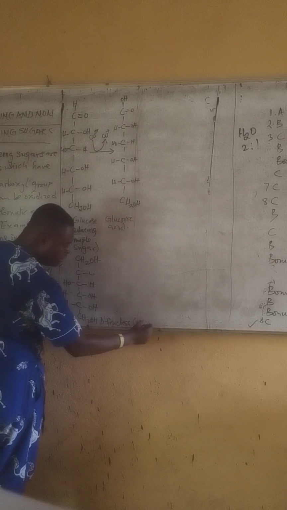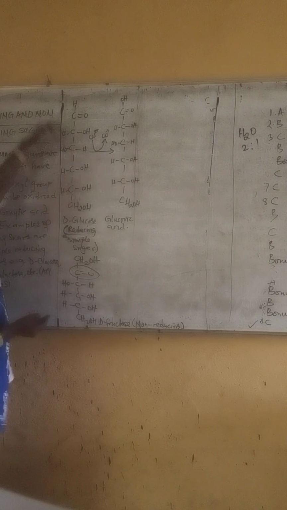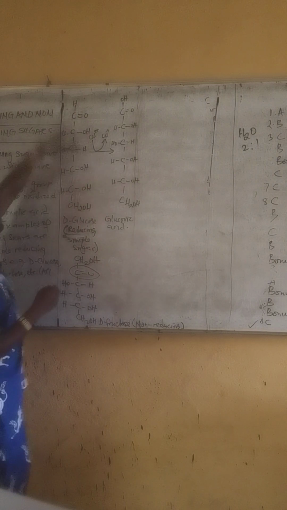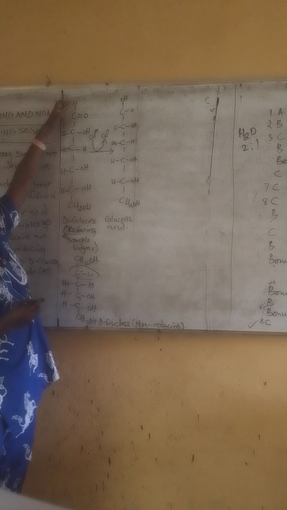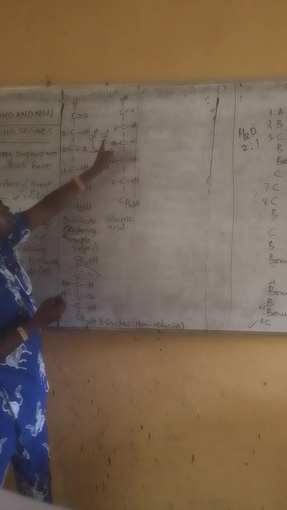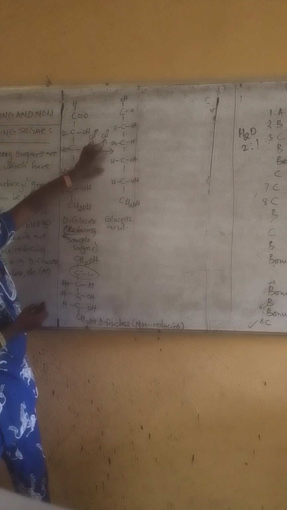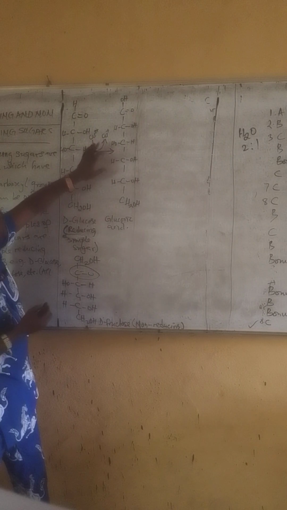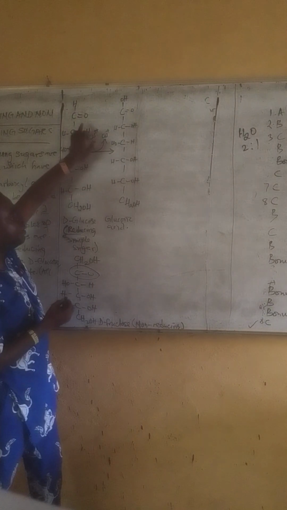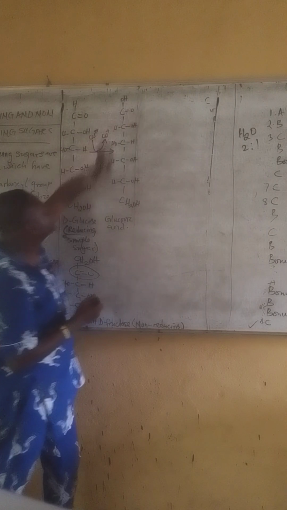It's a non-reducing sugar. What makes it non-reducing? It also has a carbonyl group, but the carbonyl group is not free. What makes this one free? The carbonyl group is connected to hydrogen on one side and an alkyl group on the other side. So it can easily take oxygen from an oxidizing agent such as Fehling's solution or Benedict's solution, and the oxygen it takes from there will add up to this hydrogen so that it can form COOH, which is a carboxylic acid group.